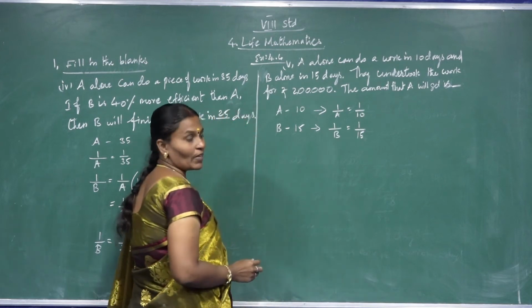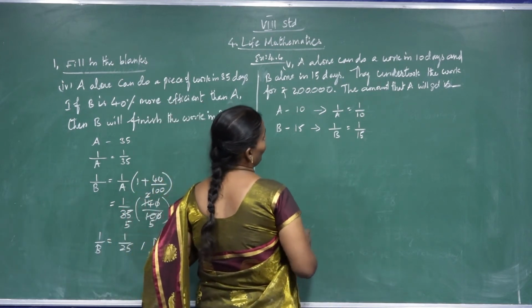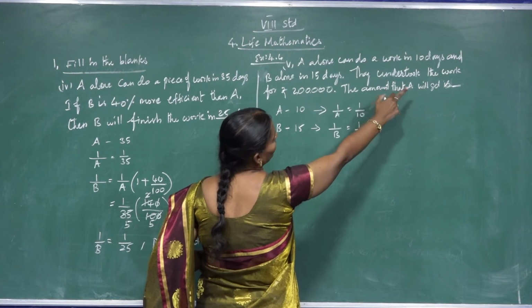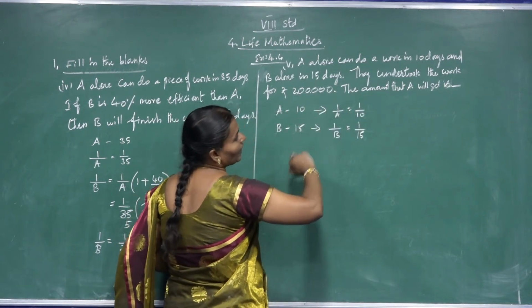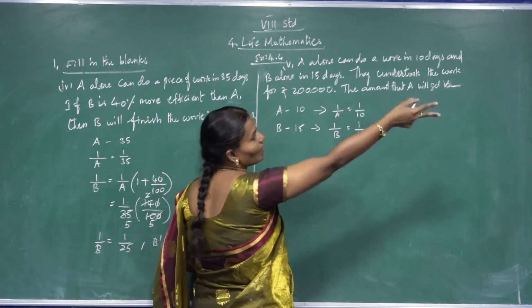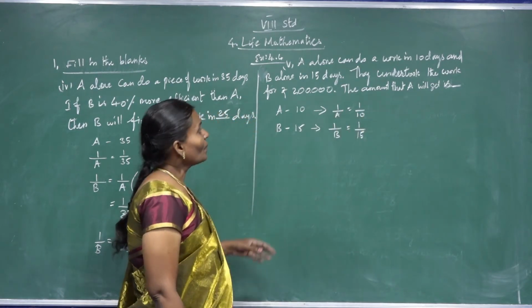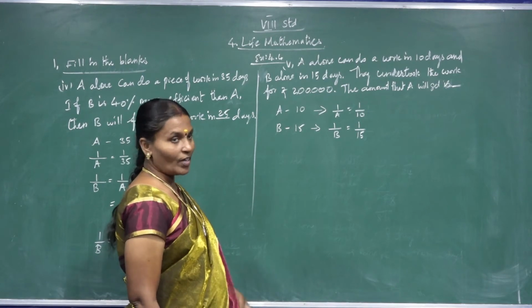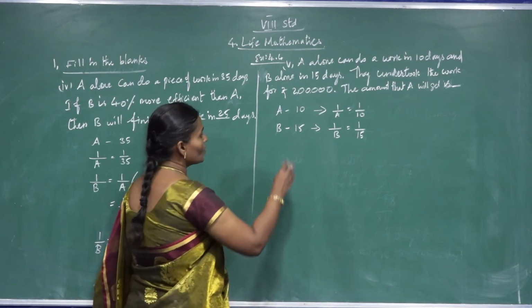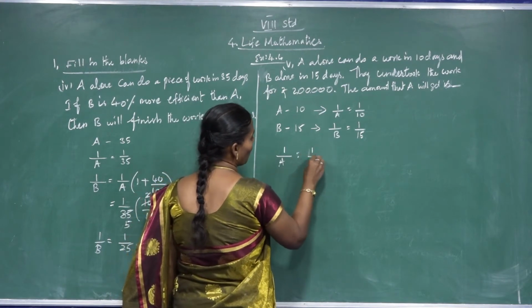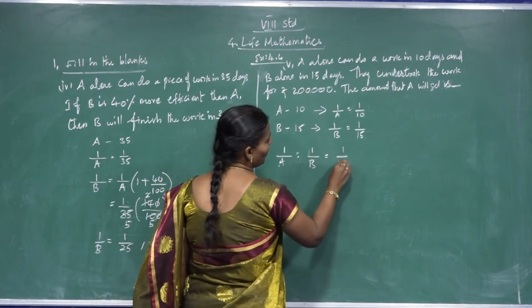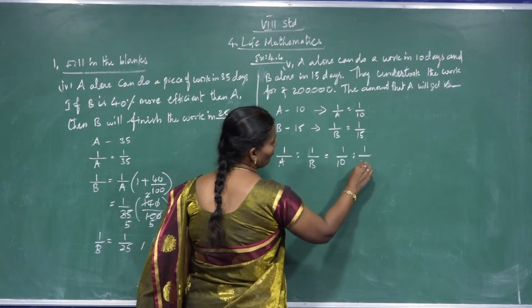Now they undertook the work for 2 lakhs rupees. The amount that A will get, we have to compare the ratio. So we write 1 by A is to 1 by B, that is 1 by 10 is to 1 by 15.